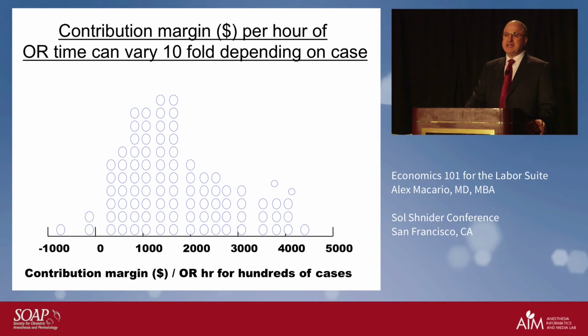Once you realize that from the hospital's point of view, as long as they're getting revenue that is above and beyond the variable costs, which really are supplies and drugs, they're going to want to do that case. And that's why we have enormous pressure to do cases late in the day and sometimes on weekends.